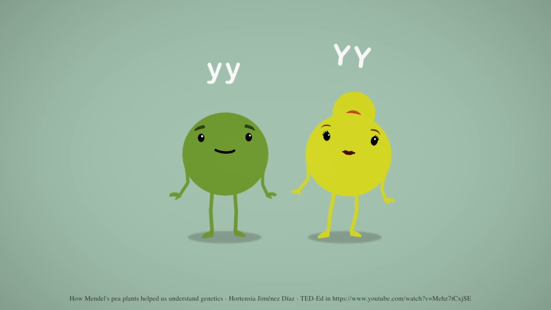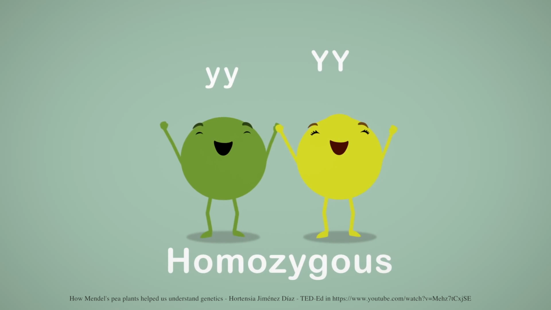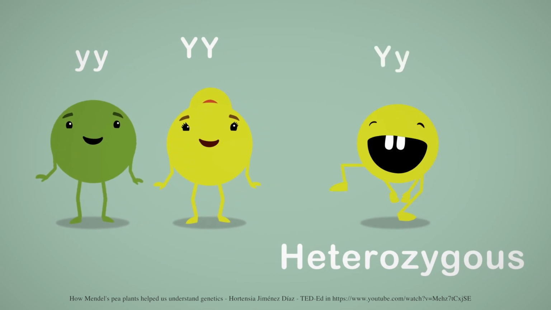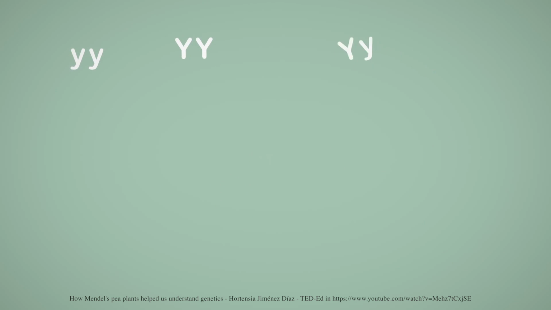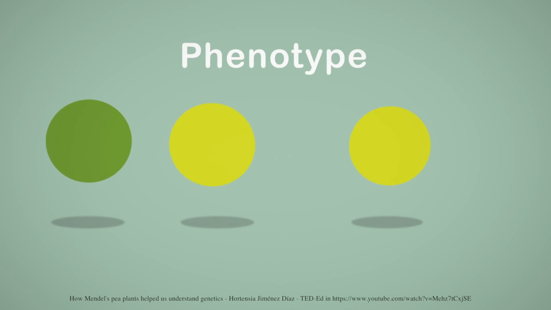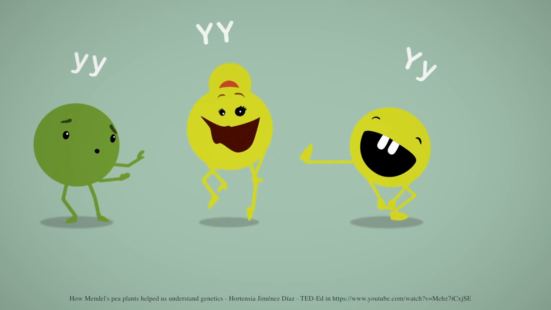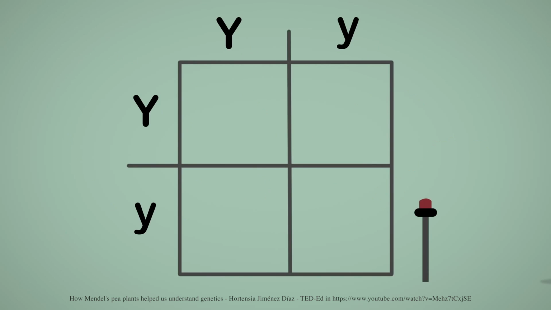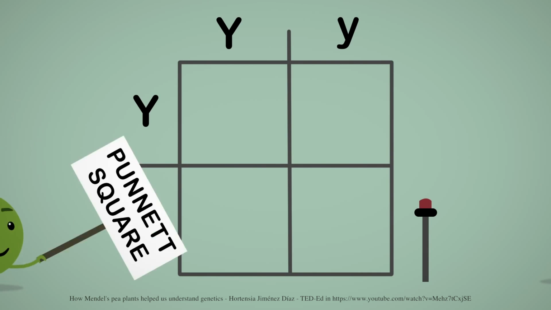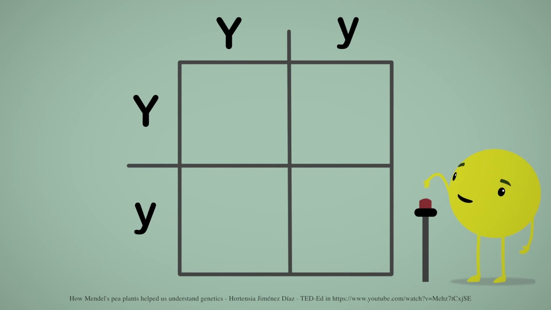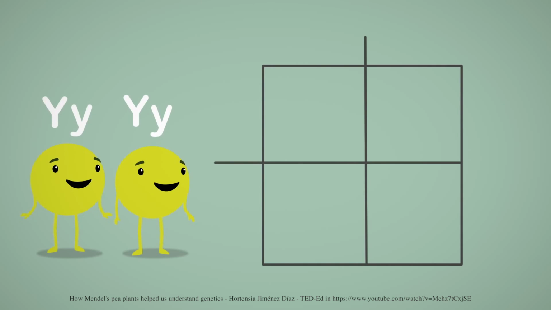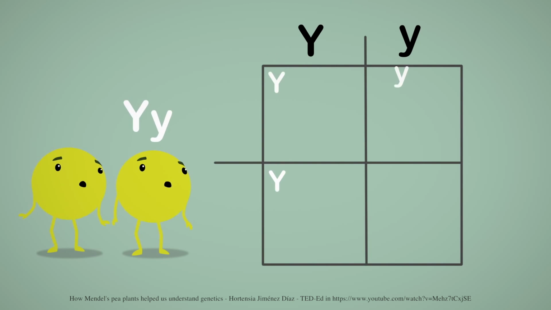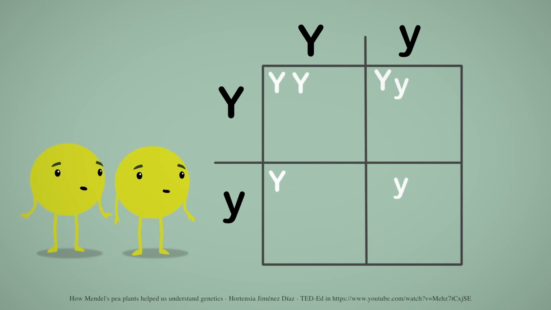A homozygous dominant organism is going to be a double capital P organism on the Punnett square. A heterozygous is going to be a mixed organism that is a capital P next to a lowercase p. Finally, the homozygous recessive organism is going to be a double lowercase p on the Punnett square.